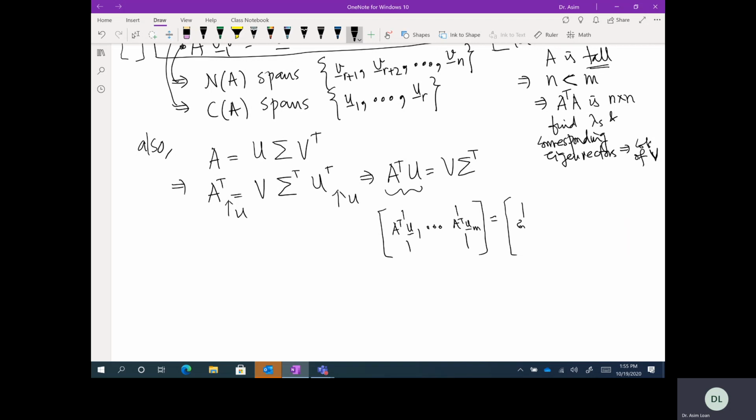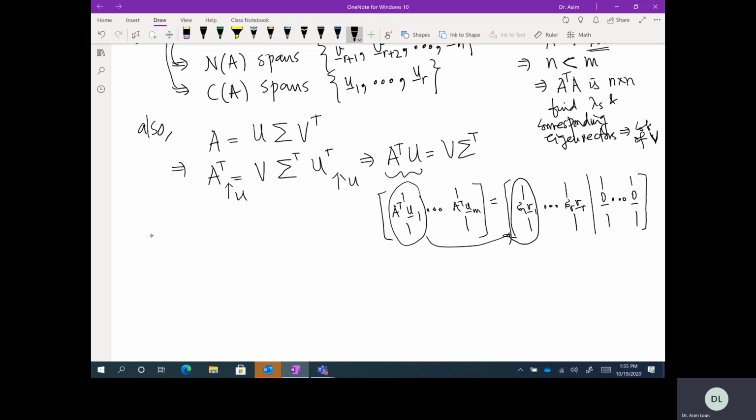So I have sigma 1 V1 up to sigma R VR, then I have 0 vectors over here. So the first one is equal to this one, and so on correspondingly. So A transpose Ui equals sigma i Vi, for i equals 1 to R, because these are the R non-zero values.